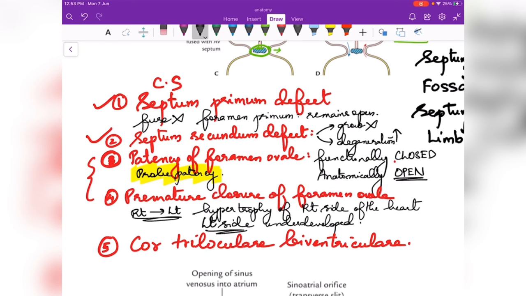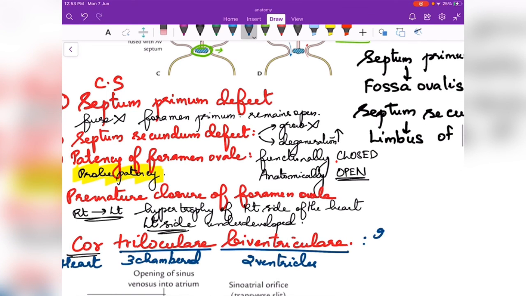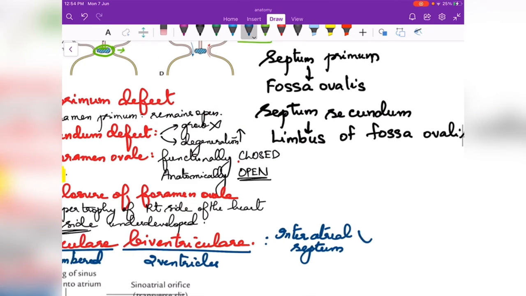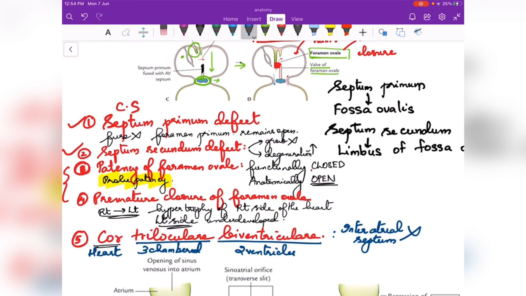From the name itself, it's quite evident: cor means heart, triloculare means three-chambered, and biventriculare means two ventricles. The defect in this condition is that the interatrial septum is completely absent, which leads to a three-chambered heart, or cor triloculare biventriculare.